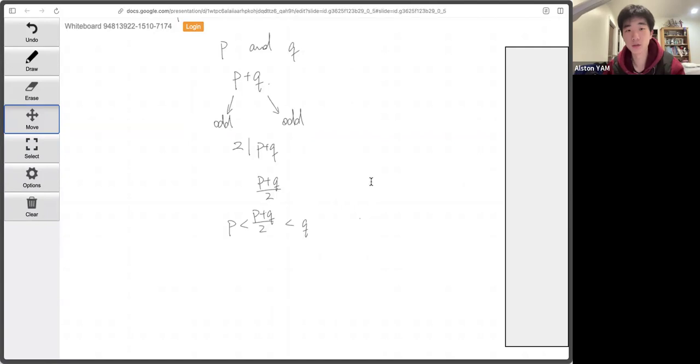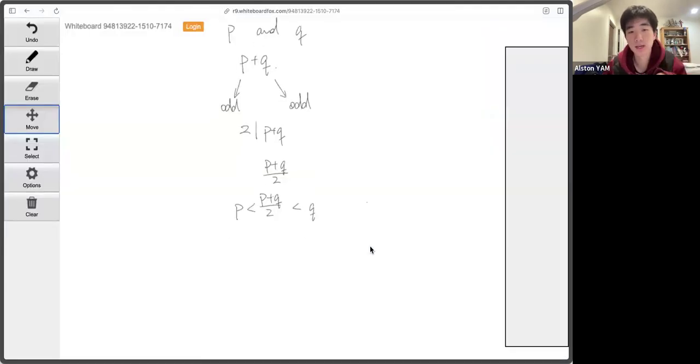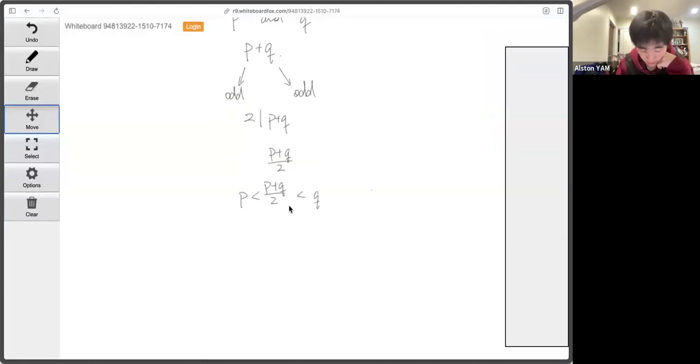And the problem condition is that P and Q are two consecutive odd primes. What does that mean? It means that there are no other primes between these two numbers, P and Q. Then if (P plus Q) over 2 is sandwiched between these two, we know that it is not prime.